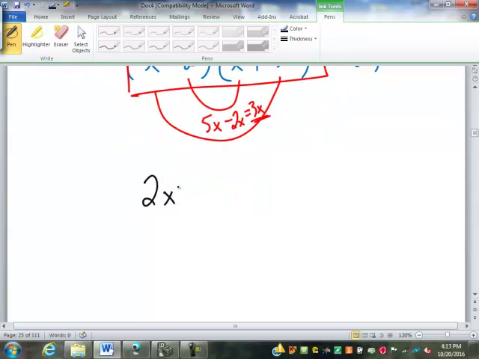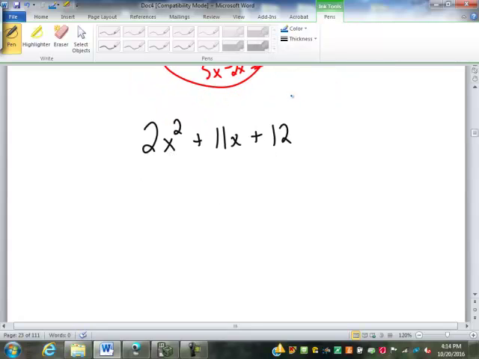So what happens if it is 2x squared plus 11x plus 12? Are there any common factors? No. The 11 doesn't divide by anything, so it can't be any numbers.